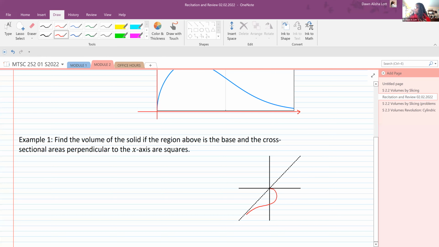So that is my region. And then the cross sections are squares. So standing up outside of this thing are squares. Okay, so there's my square.